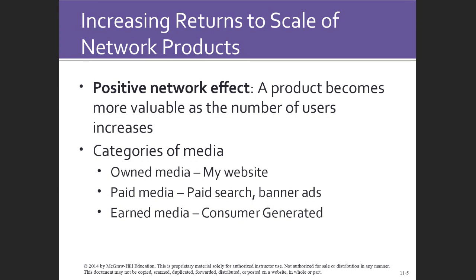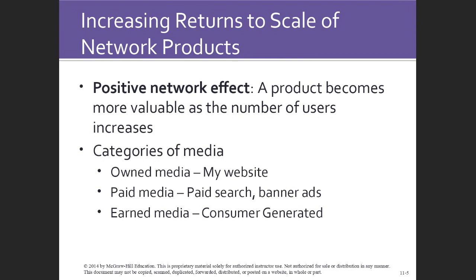So we've talked about categories of media in this course before, and you have in other courses as well. This is just a recap, the difference between owned, paid, and earned. And I have some examples on here. Owned media is information that I have on my website or that Walmart has on their website or Target or whoever.